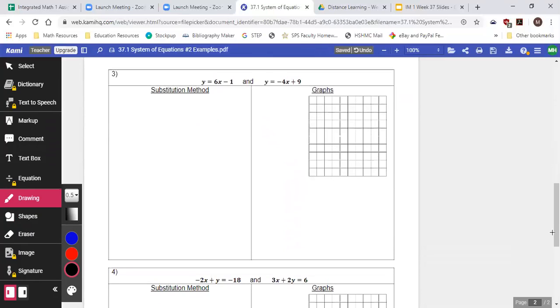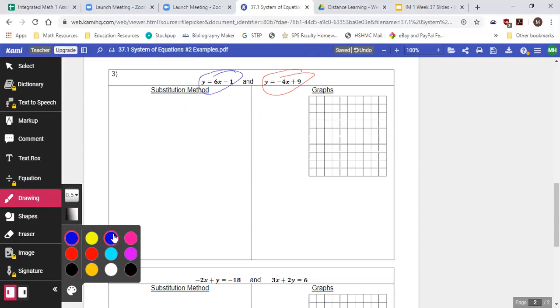Okay. So this next equation, we have one equation where y is isolated already by itself, and the other equation where y is also isolated by itself. So when you have that, we can write it as the following.